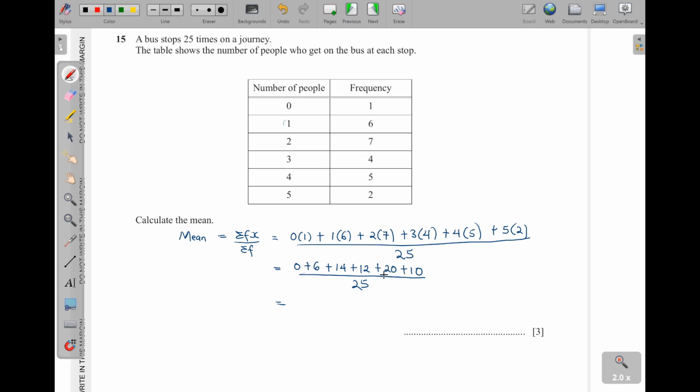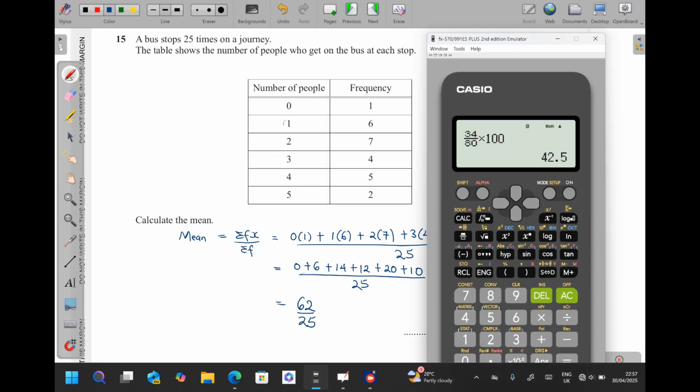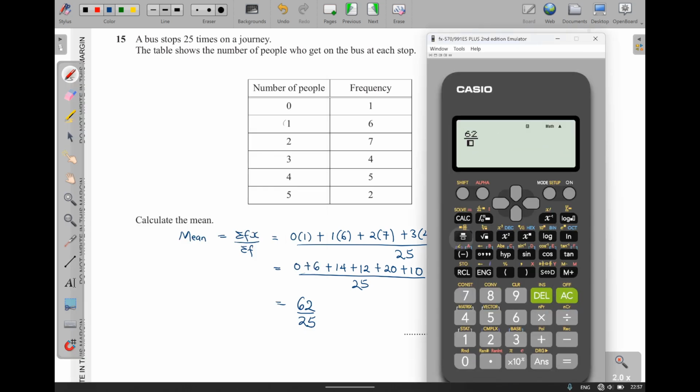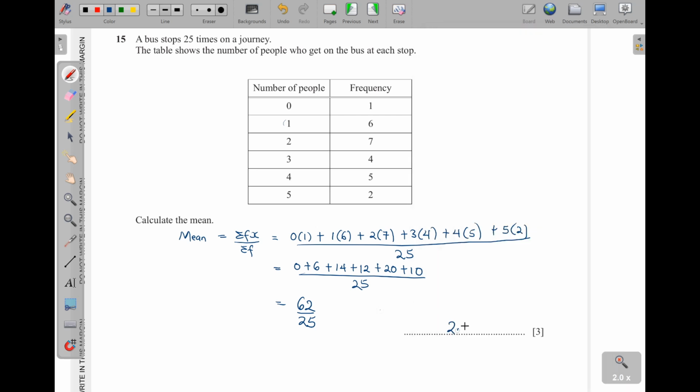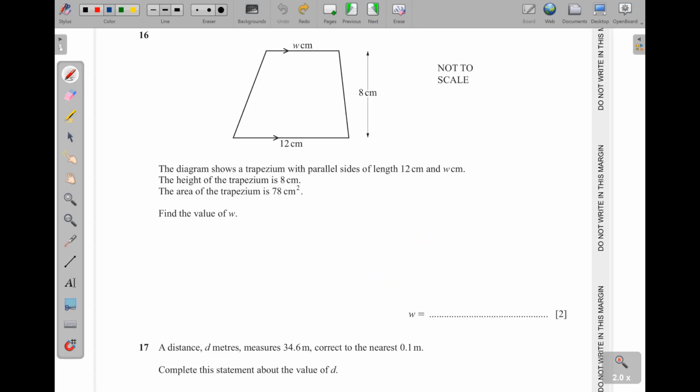Here we shall have 30, then 30 for these two, then 42, then plus 20. Isn't that 62? Yes. So we get 62 over 25. So what is 62 over 25? 62 divided by 25. This one is 2.48.